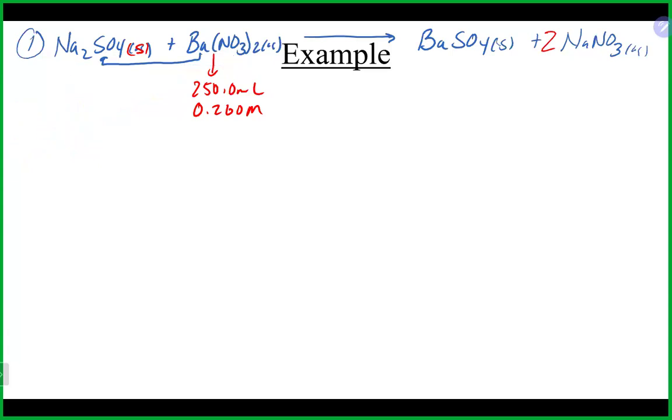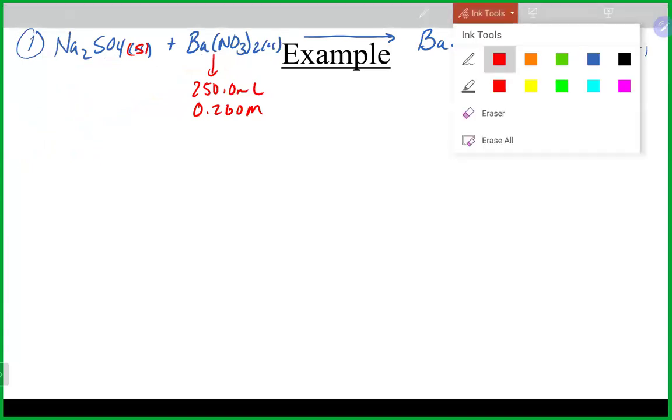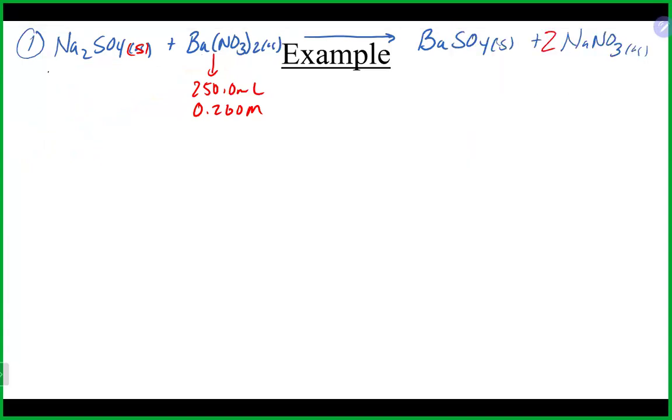All right, so we actually have two questions here. Question number 1, or A, is how many grams of this one, and question B is how many grams of that one. So we're just going to start with the first one, which is A. When I look at this and I want to know how many grams of sodium sulfate, I look at what's given to me.